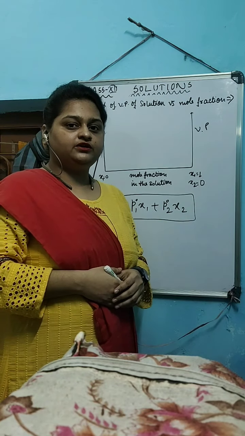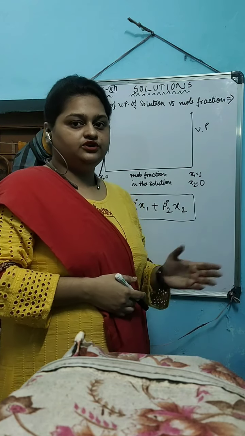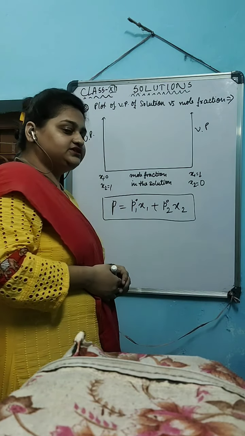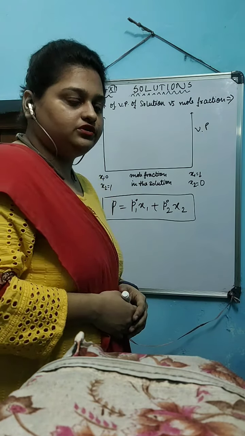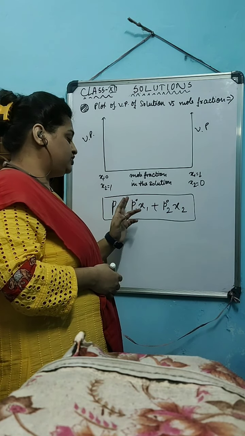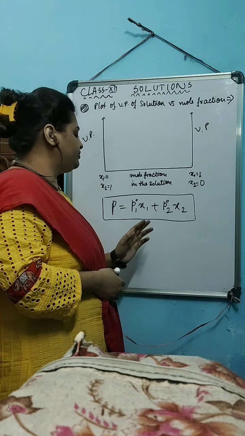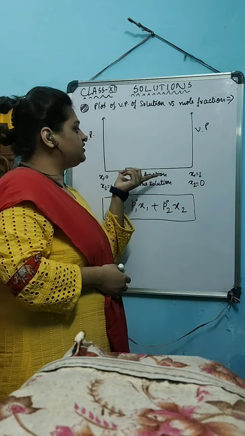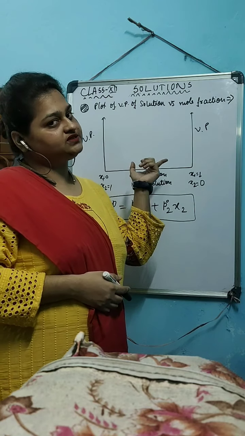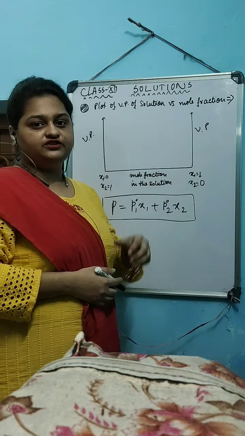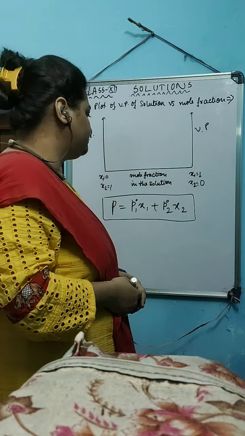Let's try to do the graphical plot for this expression that we just studied. P, the vapor pressure of the solution, equals P1 naught into X1 plus P2 naught into X2. Now this is a similar graph to the plot that we just studied. We have taken mole fraction here, that's why this specific graph needs to be studied in this case also.